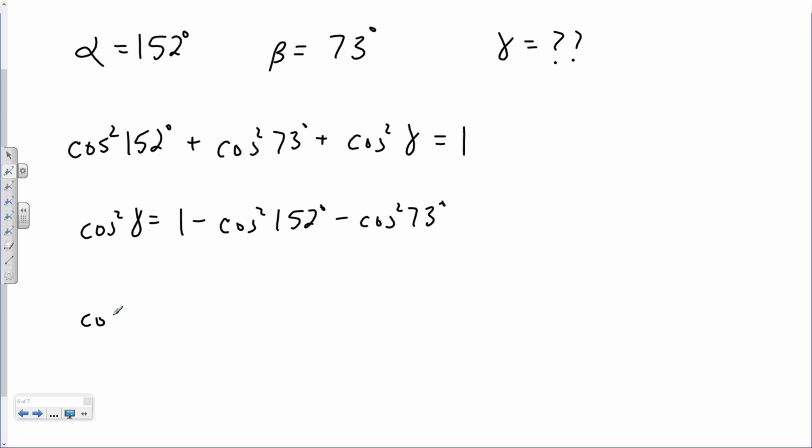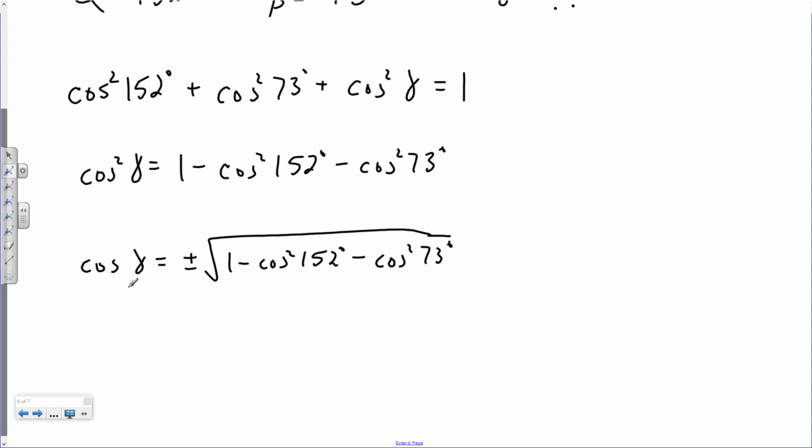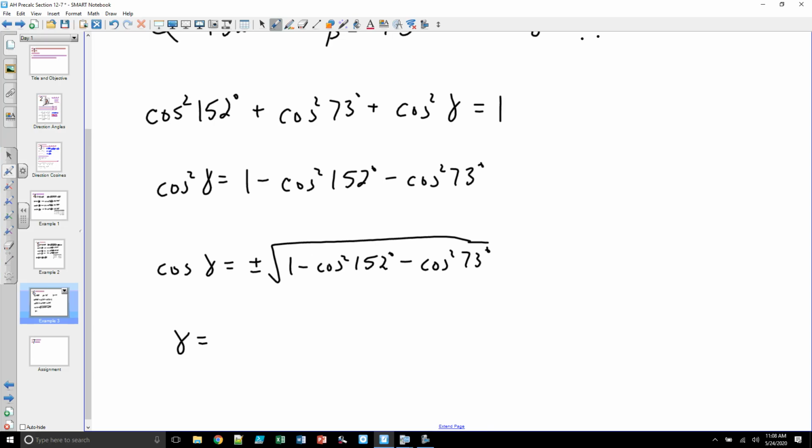So the cosine of gamma is equal to plus or minus the square root of 1 minus cosine squared of 152 degrees minus the cosine squared of 73 degrees. Then finally, to find gamma, I have to take the cosine inverse of those two quantities, the cosine inverse of the positive quantity and the cosine inverse of the negative quantity. So let's grab our calculator and punch that in and see what we end up with.